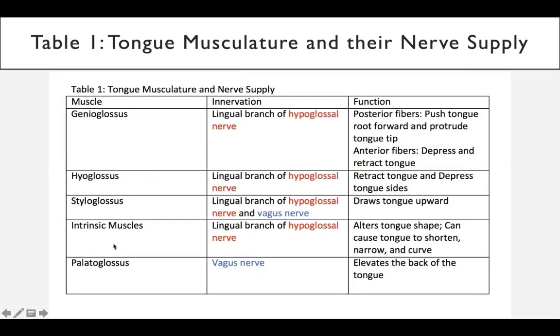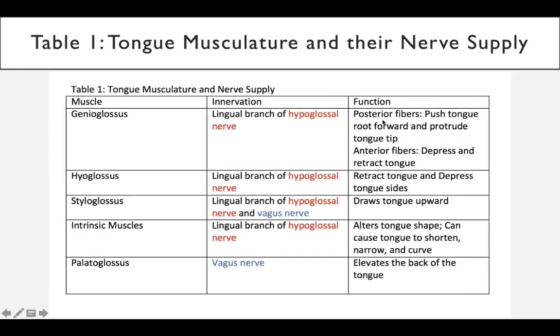So palatoglossus does not take innervation from the hypoglossal, it is different, it is the vagus nerve. What else takes innervation from the hypoglossal? Intrinsic muscles, because they think, okay, we are also three longitudinal intrinsic muscles, then there are vertical and transverse. They think, you are three, we are also three, so let's take the hypoglossal nerve. That's how we remember.